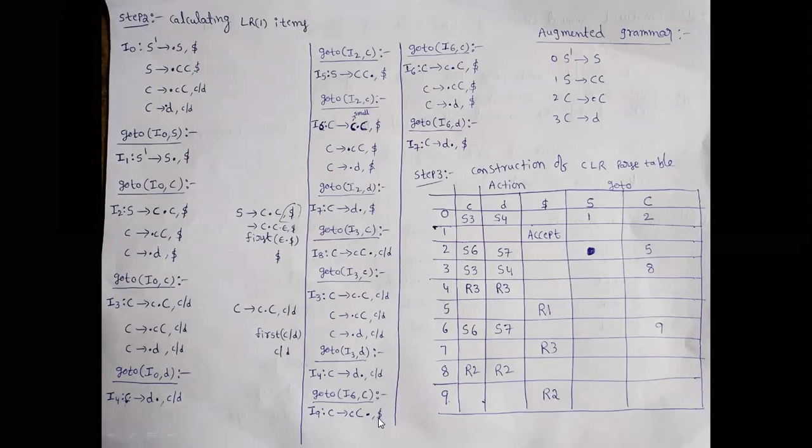So this is the look ahead that is placed as is. Then is there any production with C is production with small c, capital C dot? Here C is production with small c dot, but the look ahead is C/D, but here it is the dollar. So they are not equal.